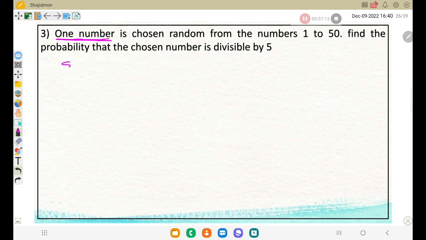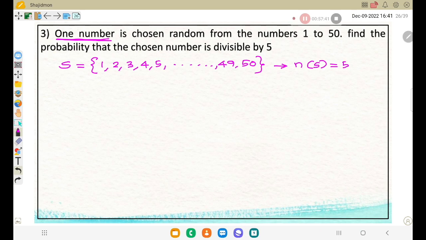That means our sample space is the numbers from 1 to 50: 1, 2, 3, 4, 5, 6, 7, 8, up to 50. This is our sample space. So we are choosing one number from here at random. How many possibilities are there? Number of elements of S equals 50. So choosing one number means there are 50 possibilities, correct.